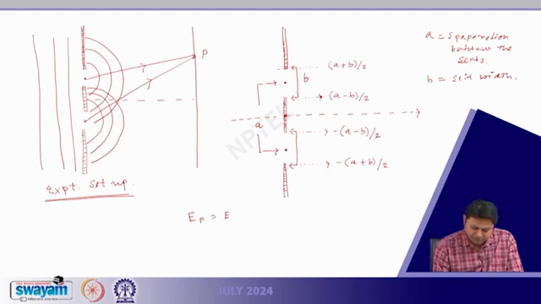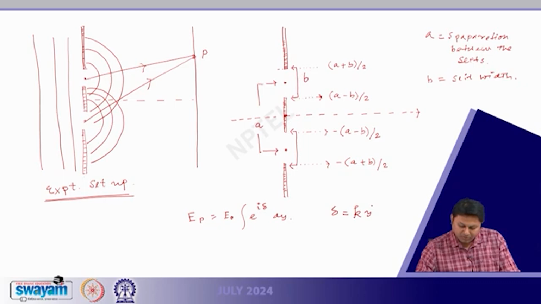it is some amplitude E naught, and then the integration over the whole aperture of e to the power of i delta dy. Note that here delta is a phase difference, and that is k y sin theta.